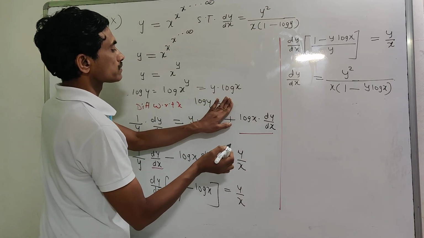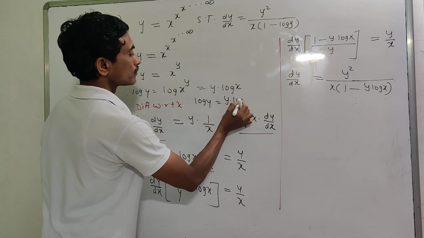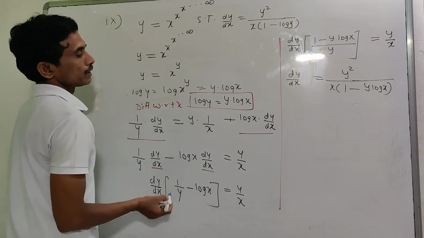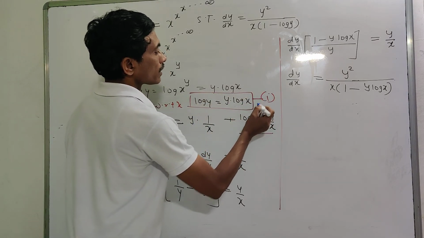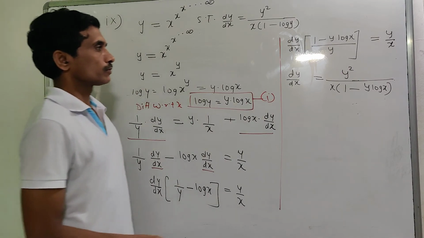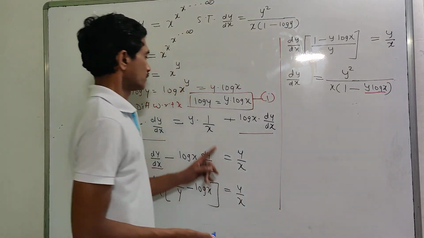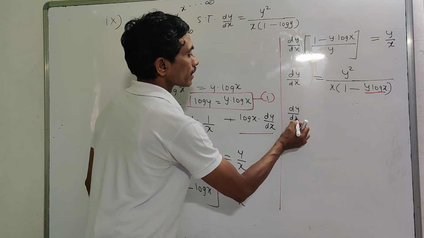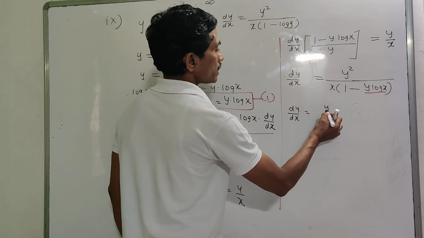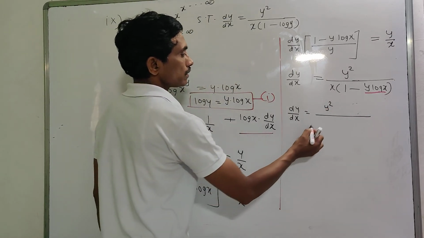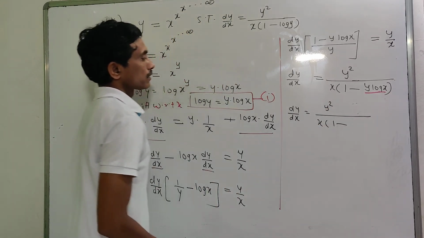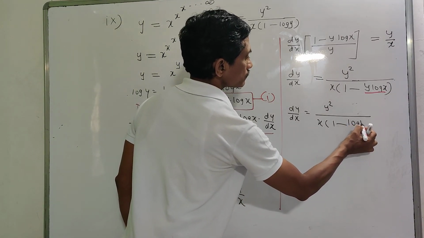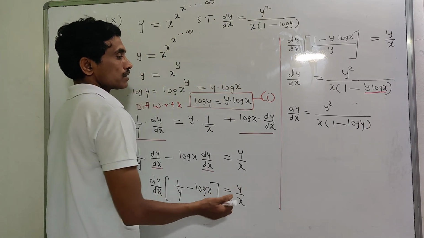Denote this by 1, suppose, and from 1 we substitute y log x is equal to log y, so that we get the required answer. dy by dx is equal to y square upon x in bracket 1 minus y log x, which is log y, which is required. This is required to show.